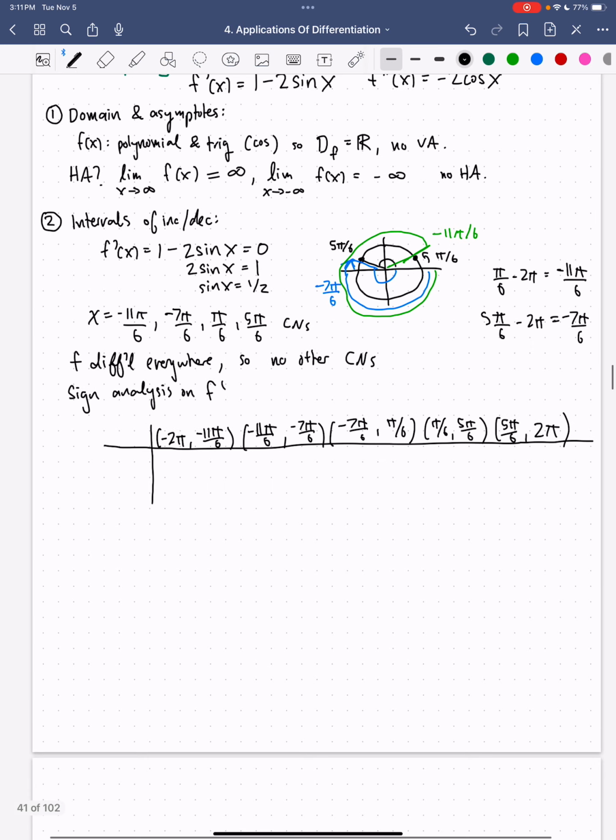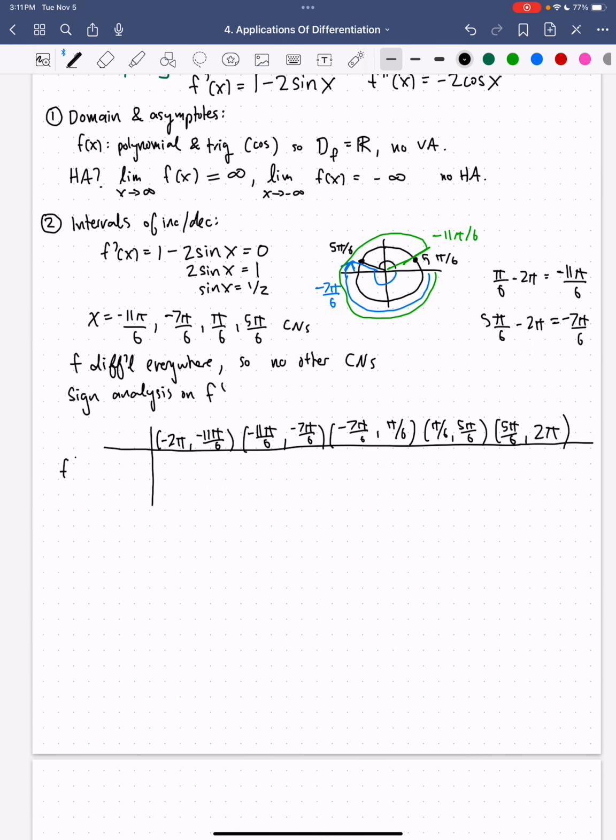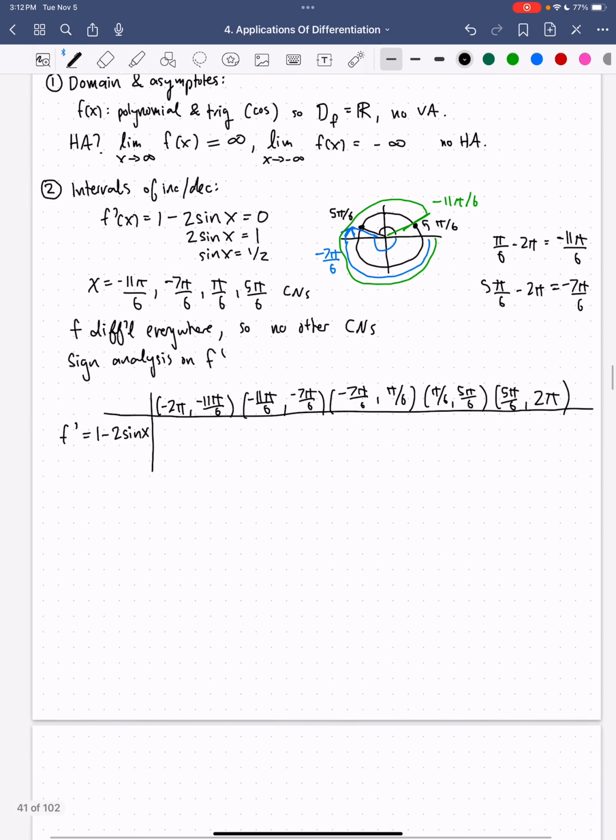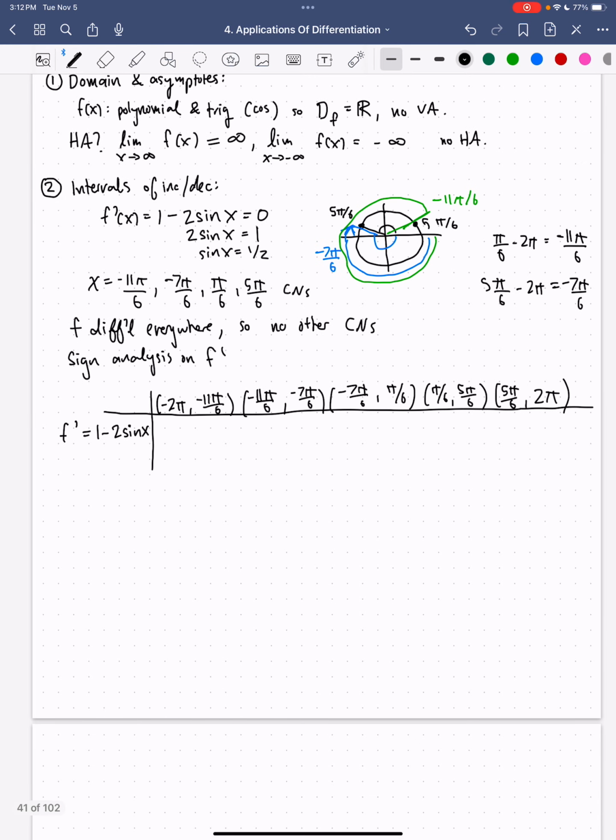Okay, well, here we don't really need to factor what our f prime was. It's 1 minus 2 sine x. And we now want to see where that is positive and negative. Now, to figure this one out, what I do is I'm going to draw another unit circle.